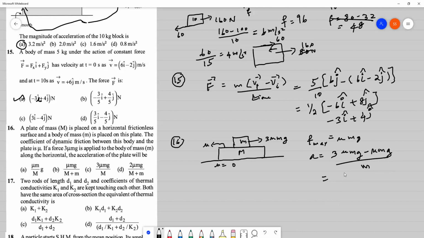So that will be 2 mu mg. Sorry, this m will not come. 2 mu g. That is the acceleration of the block, the small block.